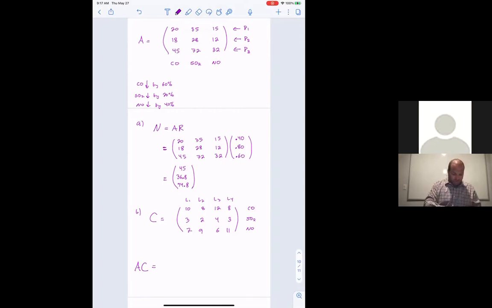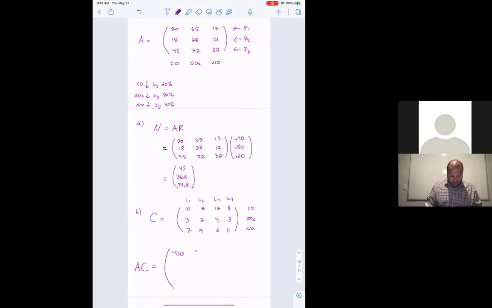Okay, go directly to B. Edit, B is 3x4, 10, 8. Oops, I wrote 1. 10, 8, 12, 8, 3, 2, 4, 3, 7, 9, 6, 11. Quit out. Matrix, A, matrix, B, multiply.